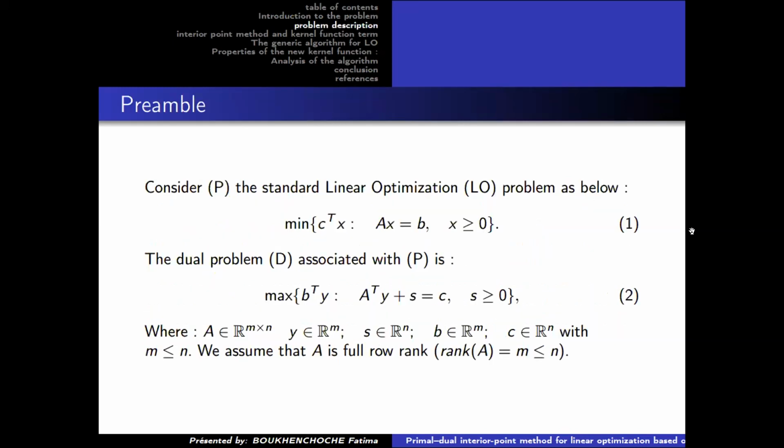The problem: consider P the standard linear optimization problem as below in Formula 1. The dual problem D associated with P is given by Formula 2, where A is a matrix and y, s, b, c are vectors.